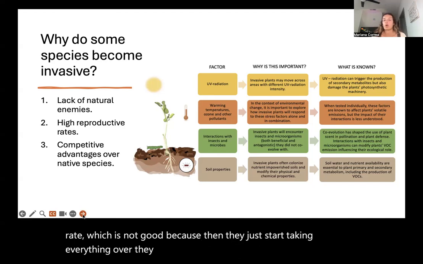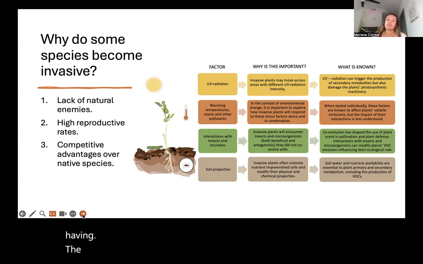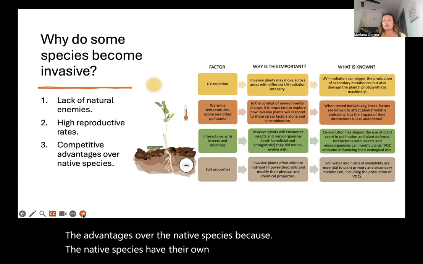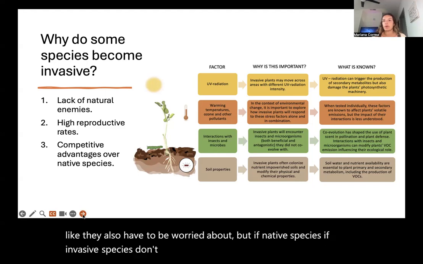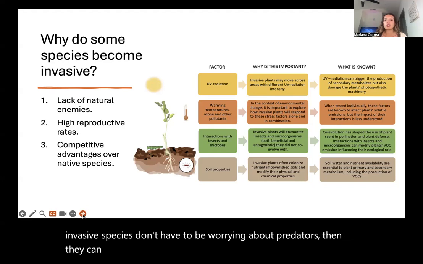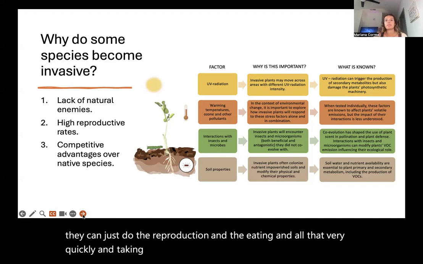They start taking all the food and then they start having the advantages over the native species because the native species have their own natural predators, which they also have to be worried about. But if invasive species don't have to be worrying about predators, then they can just do the reproduction and the eating and all that very quickly and taking over the native species.